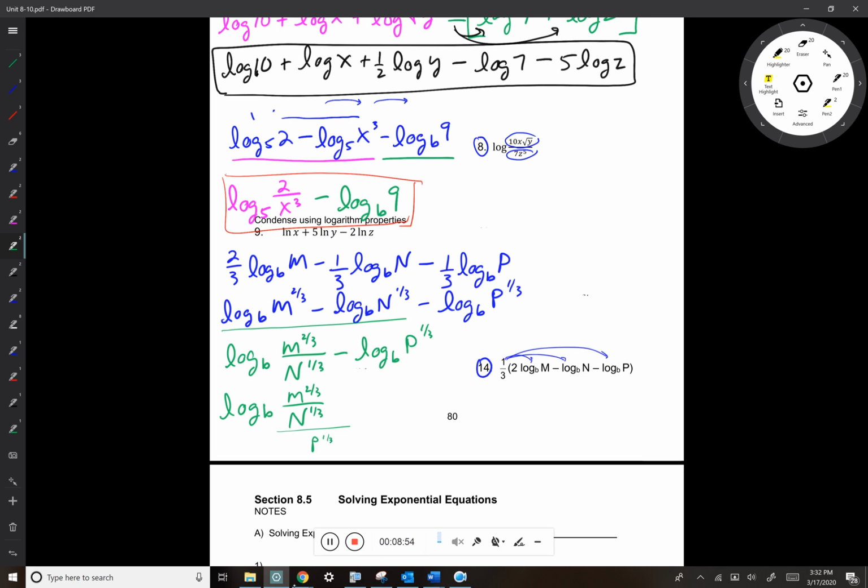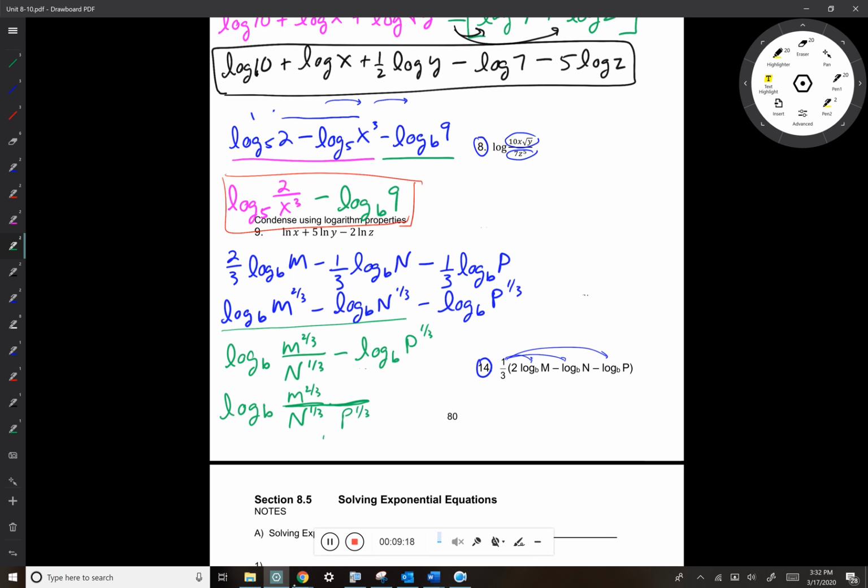So instead of dividing by p to the 1/3, when you divide, don't you multiply by the reciprocal? So really it's like saying times 1 over p to the 1/3. And if I'm multiplying, then can't I just think of this as one big giant fraction? So it's m to the 2/3 over n to the 1/3 times p to the 1/3.